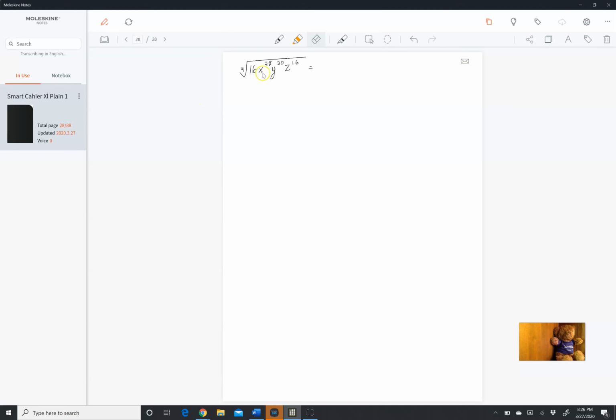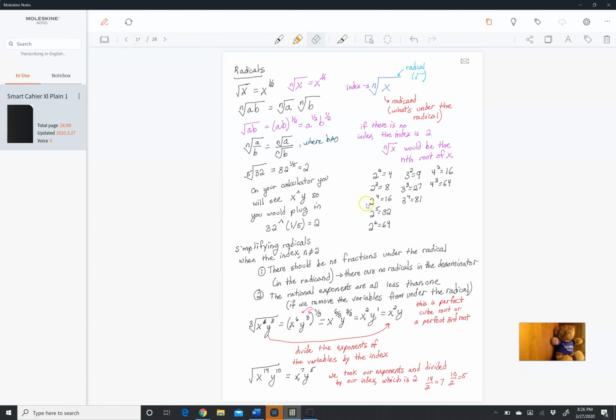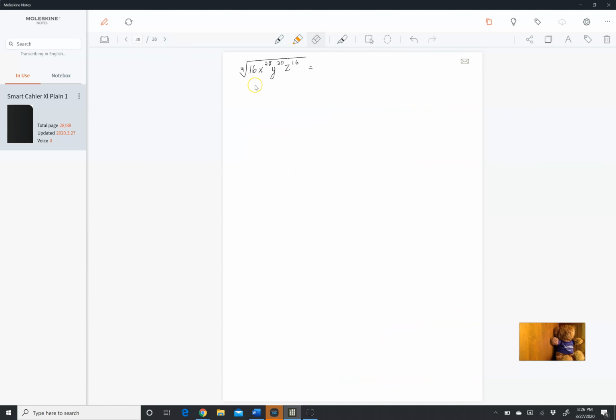So 16 is a perfect 4th root. If we go back to the previous page of notes, 2 to the 4th is 16. So we can say that the 4th root of 16 is 2. This one comes from the fact that 2 to the 4th is 16. That's where that came from.